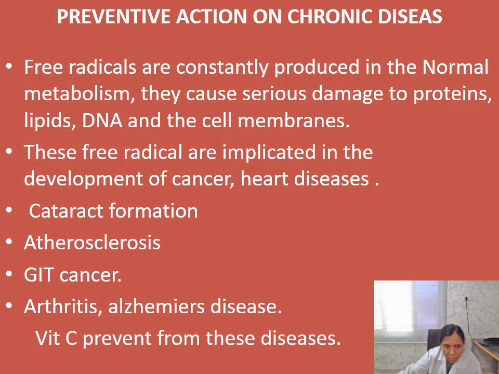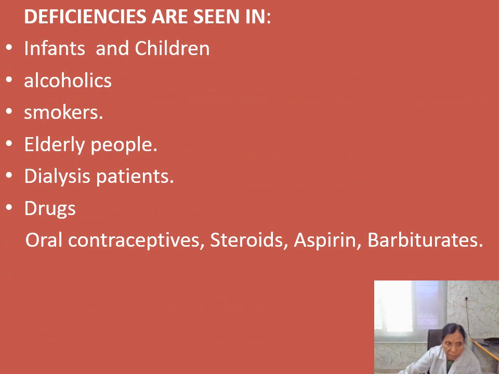Cataract is increasing opacity of the lens of the eye. And its preventive action is good in atherosclerosis, gastrointestinal cancers, arthritis, and Alzheimer's disease, and vitamin C helps prevent all these disorders.